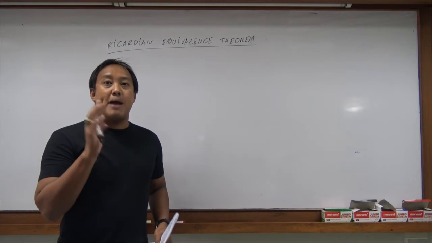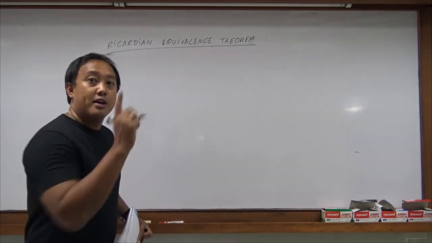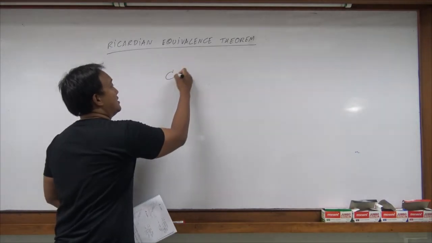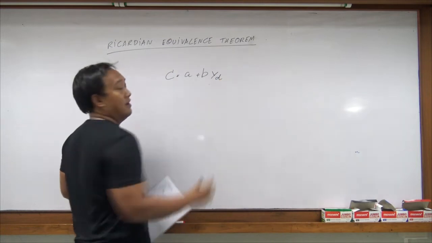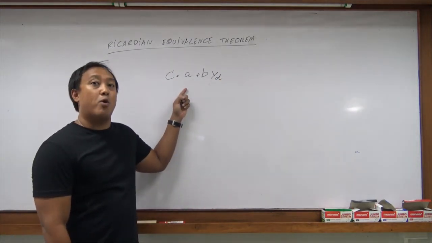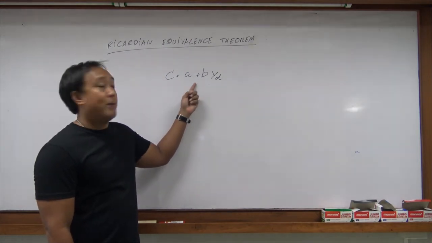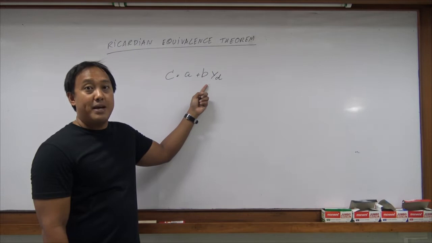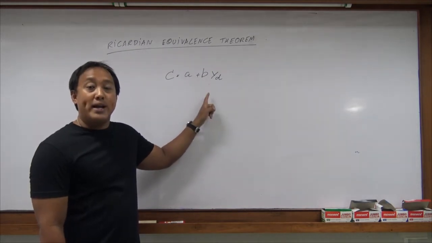If you learned macro 1, in macro 1 we have the theory that the consumption equation is C equals A plus B times YD. This is a consumption equation in macro 1: consumption equals parameter A plus parameter B times YD. YD is disposable income.